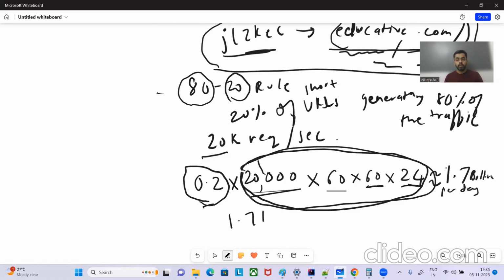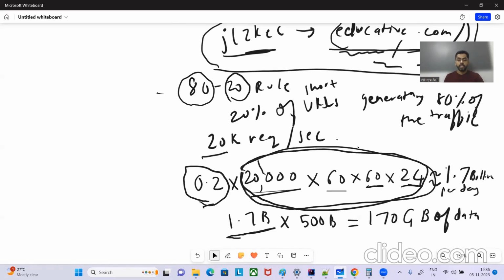And what would 1.7 billion per day be if we consider 500 bytes of data? There will be 1.7 billion URLs at 500 bytes each, so this will give us 170 GB of data we need to cache into our memory.